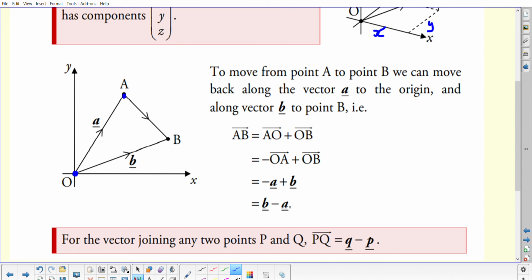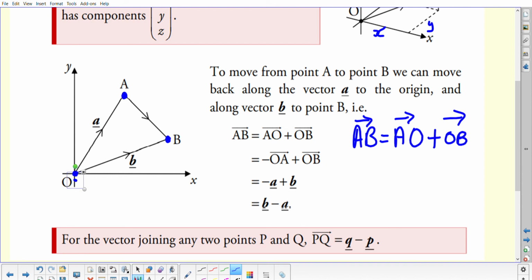So to go from point A to point B, I can go from A to O because I already know what O to A is, but that means I also know what A to O is. That's just going in the opposite direction. So to do the journey A to B, I am going from A to O, and then I am following that by going from O to B, and that will take me straight from point A to point B.